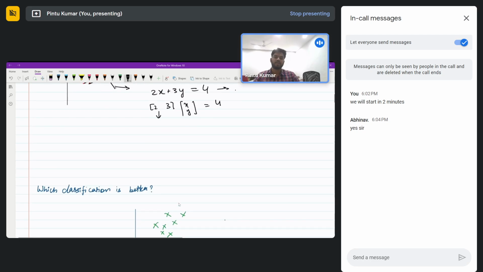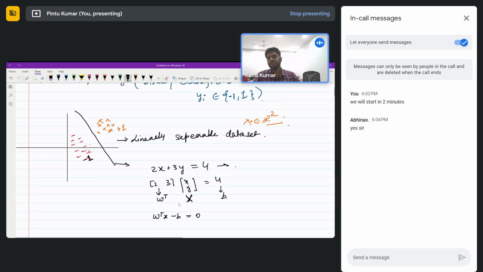If I call the coefficient vector W transpose, call the variable vector capital X, and this is B, then the equation of a line is given by W transpose X minus B is equal to 0, in 2 dimensions.